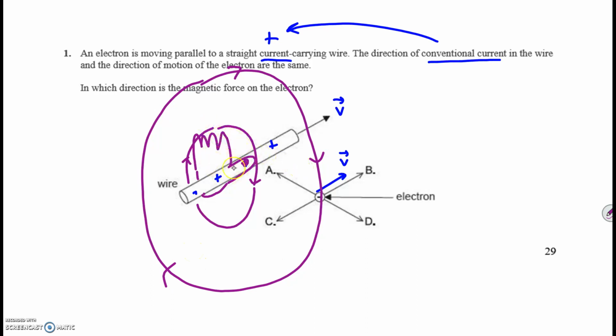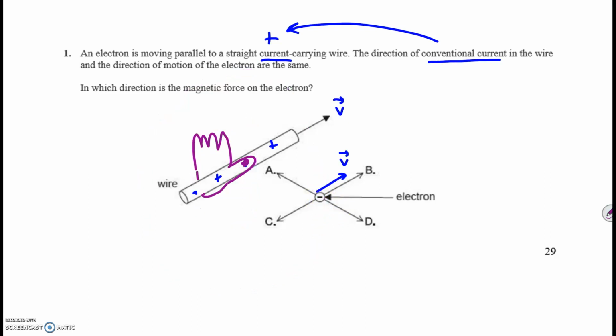This curling rule with the right hand tells us where the magnetic field points. At this location, the magnetic field points straight down, tangent to that loop. Let me take away the hand. The B field points down.